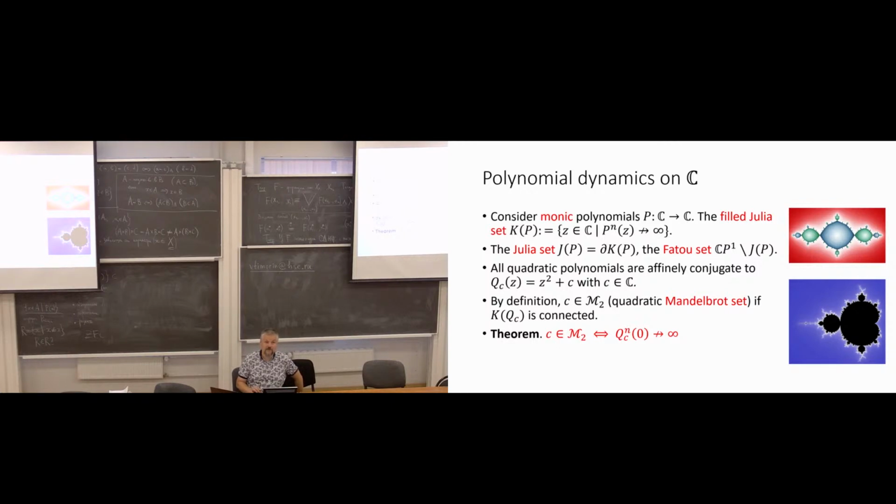That is, if you choose a different point in the Mandelbrot set, that means that you change your dynamical system. If you take different c, then you get different dynamics, different z squared plus c. So the Mandelbrot set itself is a kind of table of contents.